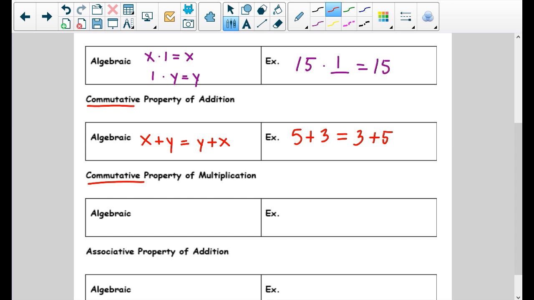If I have 3 times 5, well that's the same as 5 times 3. So algebraically we have two values, A times B, same as B times A. And again, those can be any variables you want them to be. So commutative, changing the order.